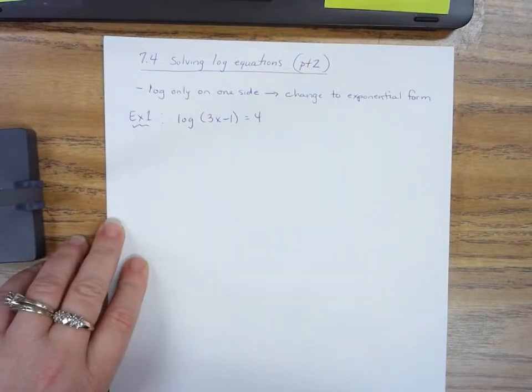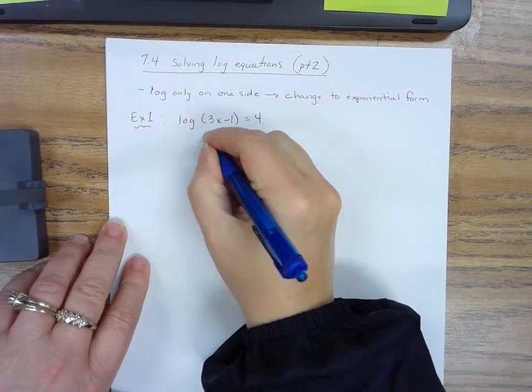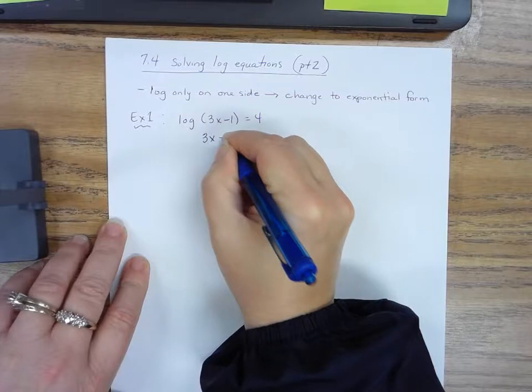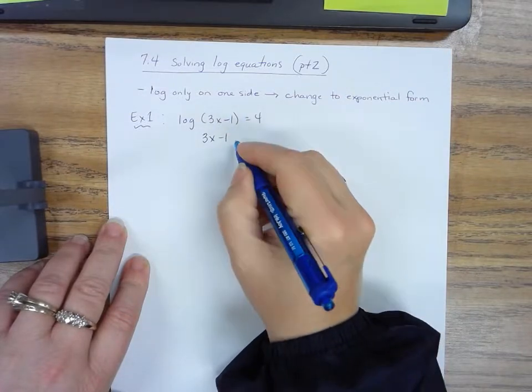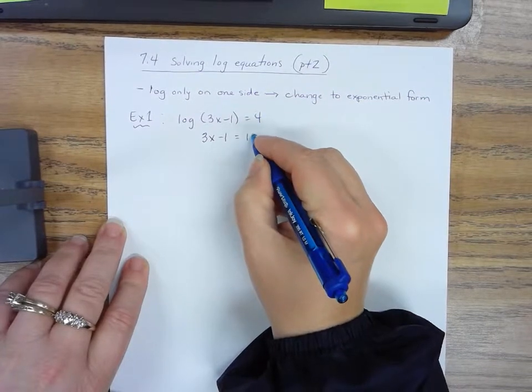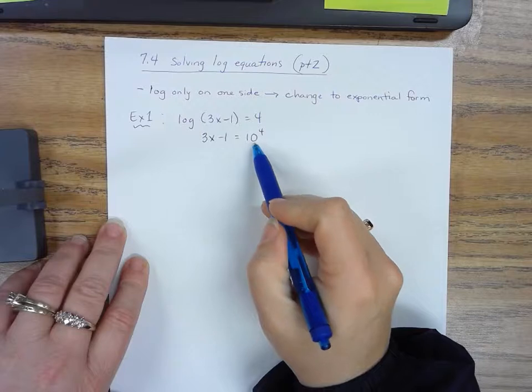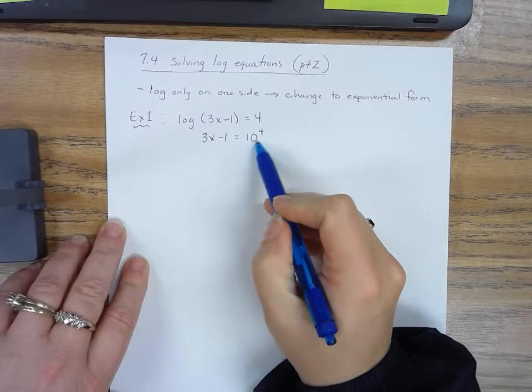It's an assumed base. And so I'm going to change that into exponential form, leaving my 3x minus 1 here, taking the base, meaning it's what's being raised to the exponent. And so my base of 10 is raised to the 4th power. I'm going to evaluate what 10 to the 4th power is.